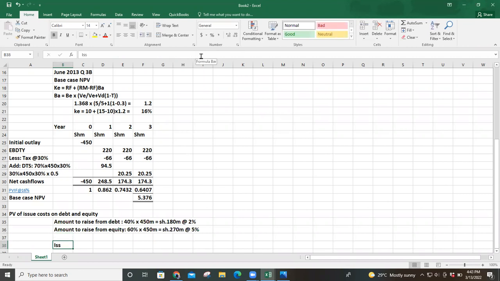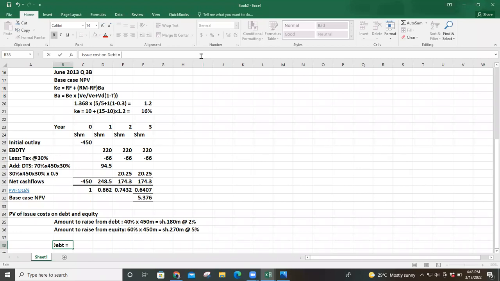So therefore, the issue cost on debt. Remember, the total amount that I'll raise from debt should be 100%, and this 100% should be the total of the amount I need to invest plus the issue cost.